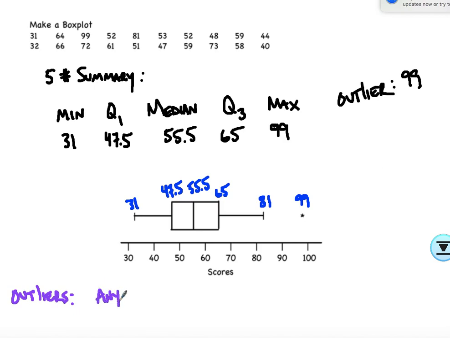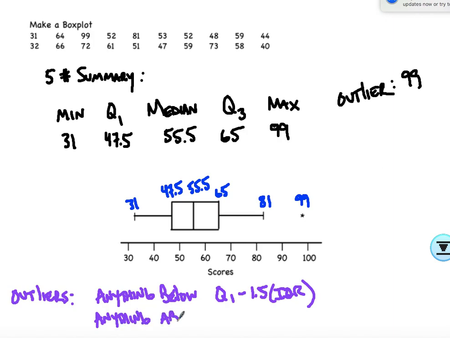Anything below Q1 minus 1.5 times the IQR would be considered an outlier, or anything above Q3 plus 1.5 times the IQR.